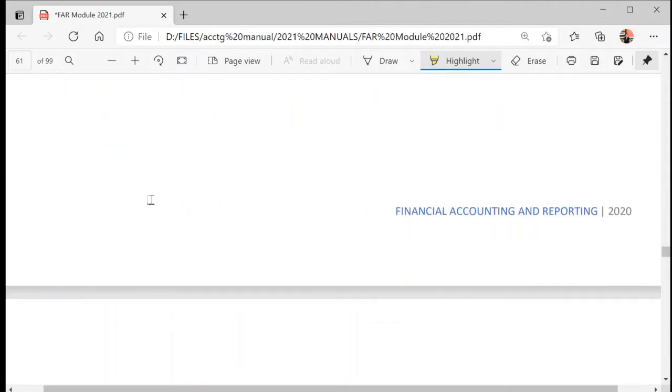These are example formats for the different journals.